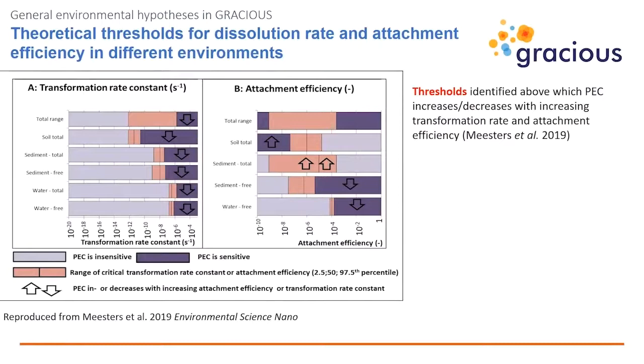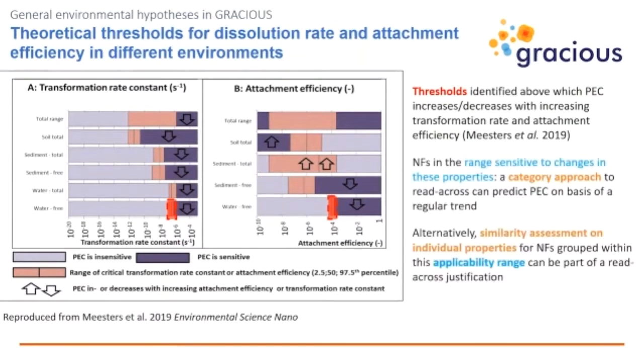So this sensitivity analysis has been performed across a range of environments, allowing us to identify thresholds in red, above which your PEC, your predicted environmental concentration, may increase or decrease with that change in transformation rate or change in attachment efficiency. Now, when nanoforms are actually beyond this threshold, they enter a range where the PEC is sensitive to changes in these properties.